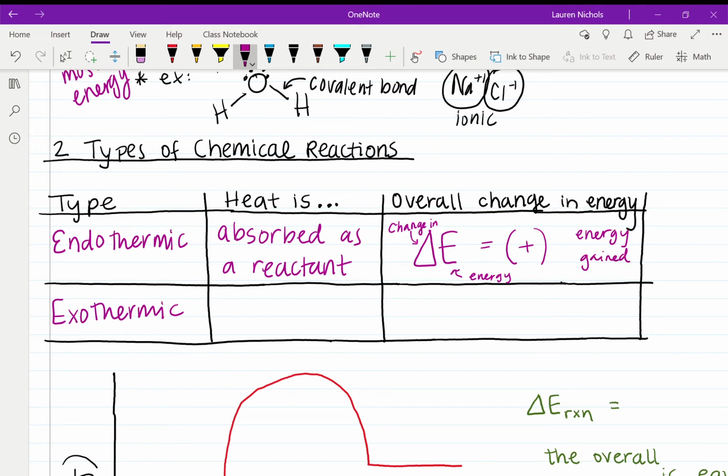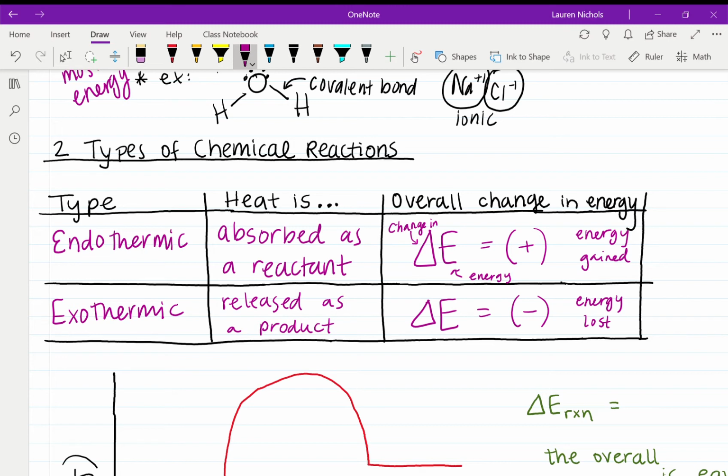Now, when we look at exothermic, heat is going to be released as a product. We can see these are very different, they're opposites of each other. This means that our change in energy is negative, which means that energy is lost.